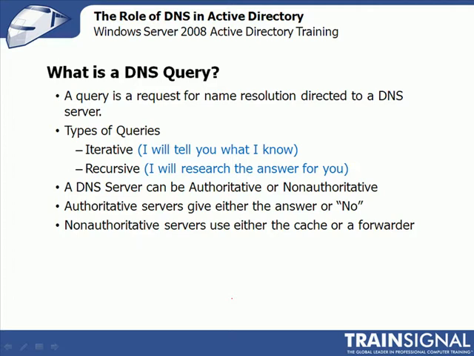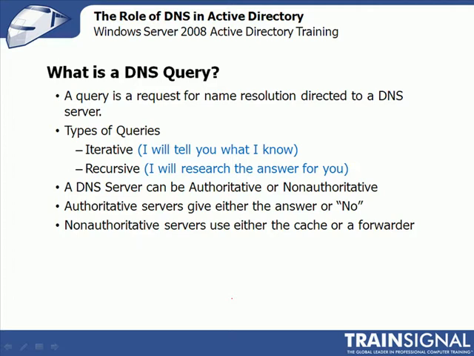Now, cache is something we're not really going to get into. To simplify what the DNS cache is, basically once a DNS server looks up a name, so it goes out, it's responding to a recursive query, and it's going out and it's researching what the name resolution is.